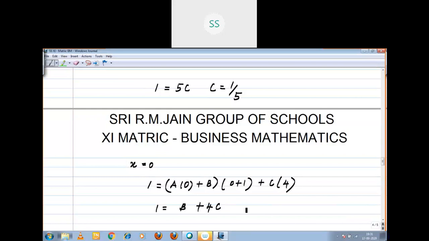Now the c value you know, right? What is the value of c? 1 equals b plus c value, which is 1 by 5, so it becomes 4 by 5.